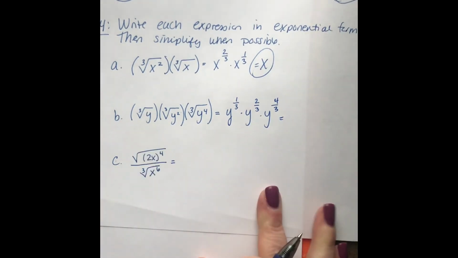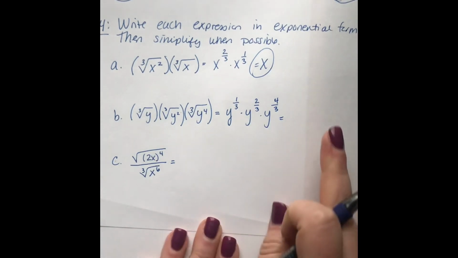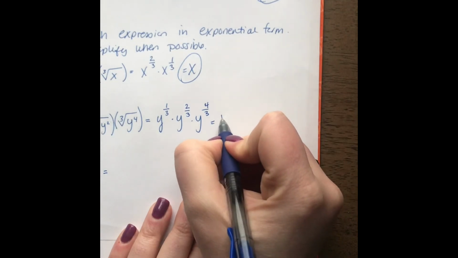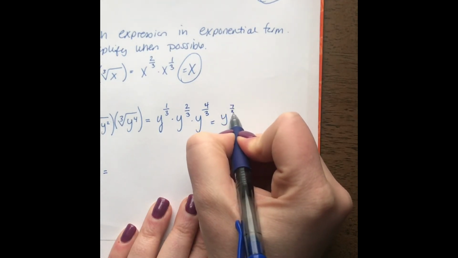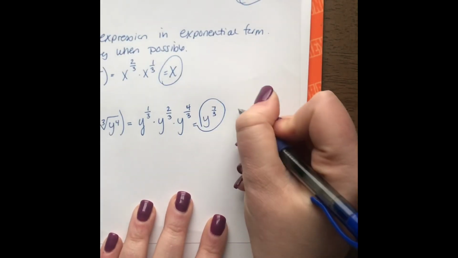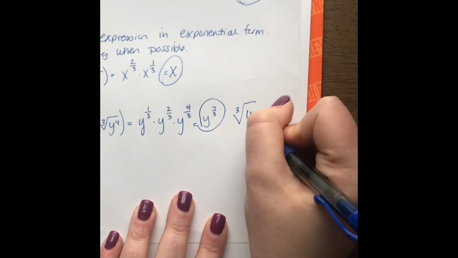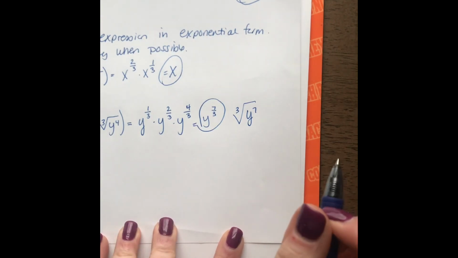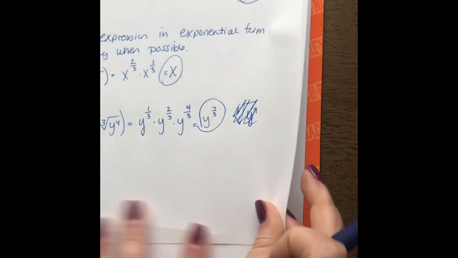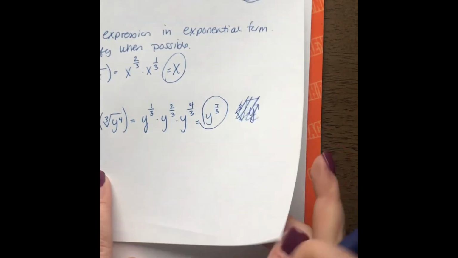And when you add them all up, you get a total of y to the 7/3. But then we have to write that in radical form. So it's the cubed root of y to the 7. But then, oh no, we don't have to do that. We're done. And the last one, part C, my bad.